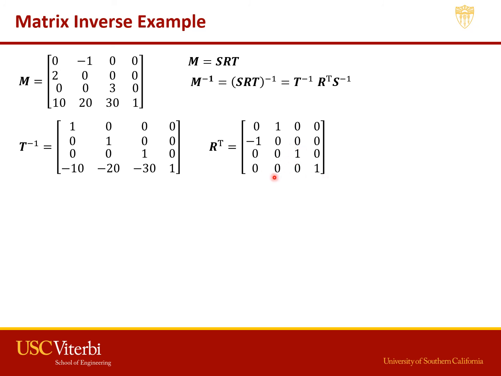So for the bottom row, I just fill in zeros and a 1. And that's my rotational part inverse. So the last term here is the scale inverse. And remember, that one was also quite easy. We just took the scale of the x-axis and do 1 over. Well, the scale of the x-axis is 1, so 1 over 1. The scale of the y-axis was 2, so 1 over 2. And the scale of the z-axis is 3, so 1/3. And so here's my inverted scale matrix. All right, all I have to do now is combine them in this order.